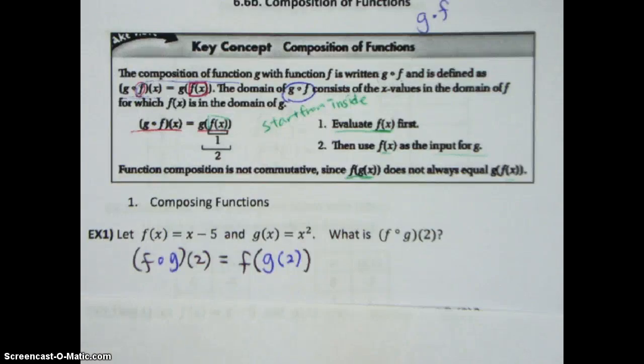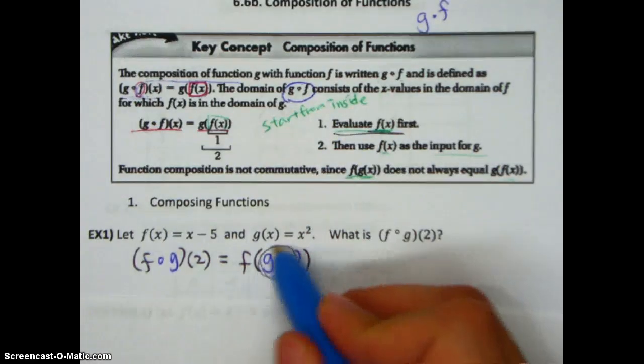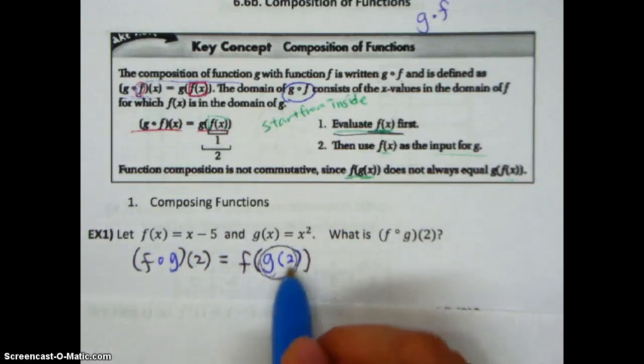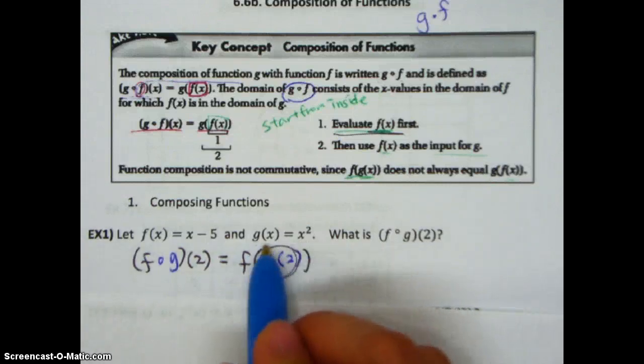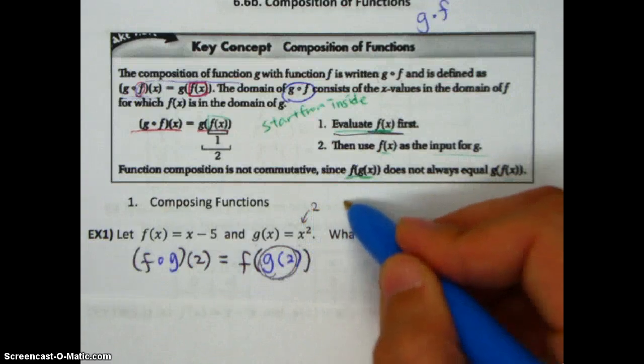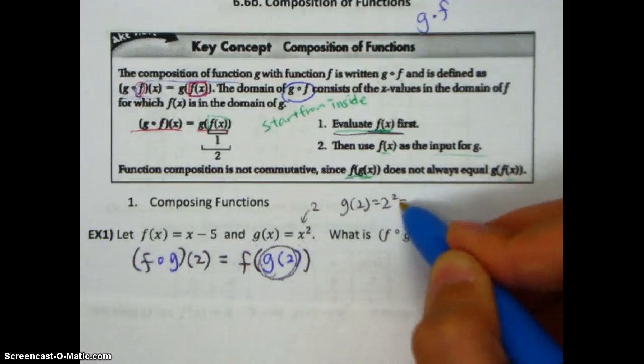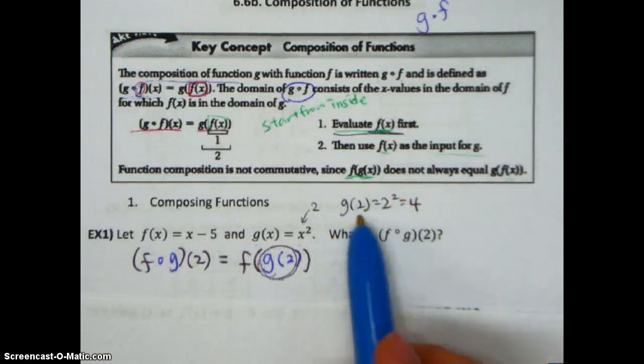Now we evaluate the inside first. Inside is F of 2. We know F function is X minus 5. So if I plug in 2 here, F of 2 is 2 minus 5, which is -3. So we know F of 2 is -3.